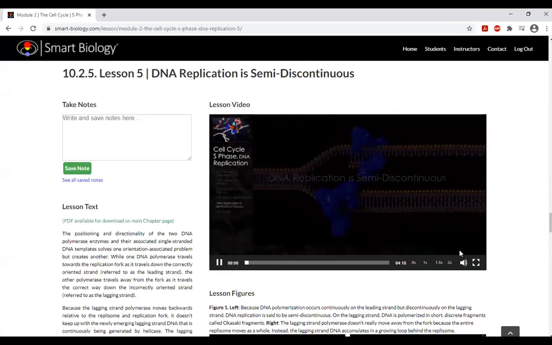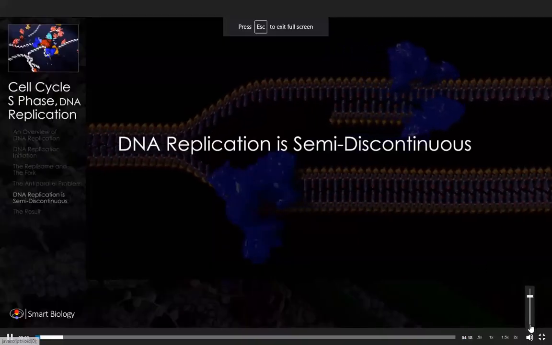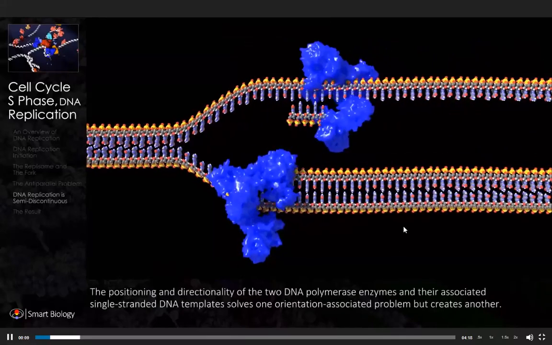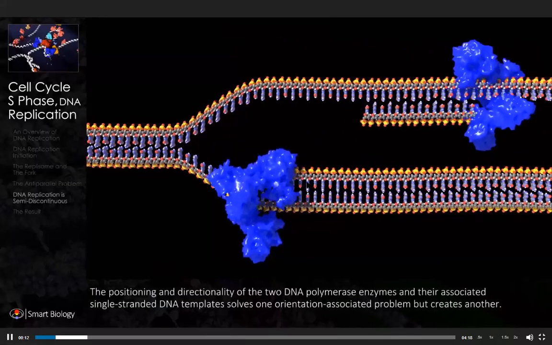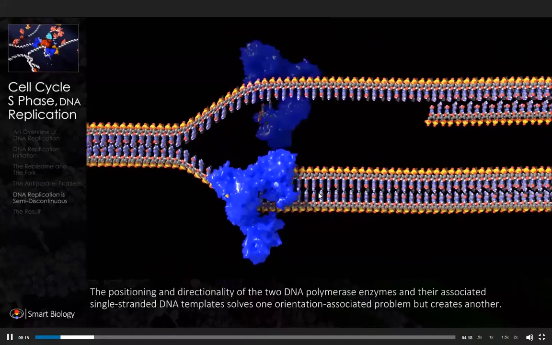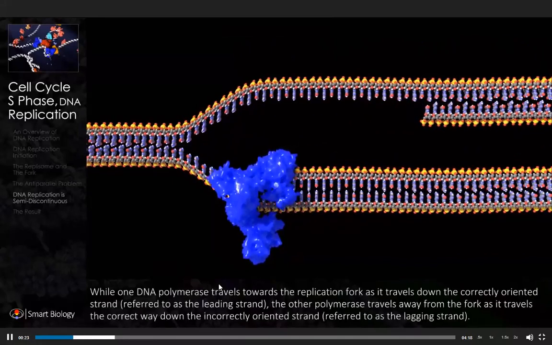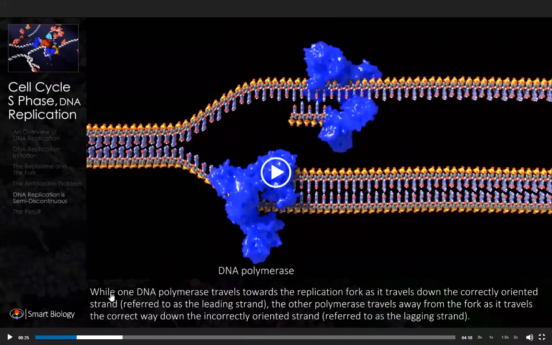And we will learn that here. DNA replication is semi-discontinuous. So one of the strands is being replicated continuously in the 5 to 3' direction, and the other strand is being replicated semi-discontinuously. When one DNA polymerase travels with the replication fork, it travels down the correctly oriented strand, referred to as the leading strand.